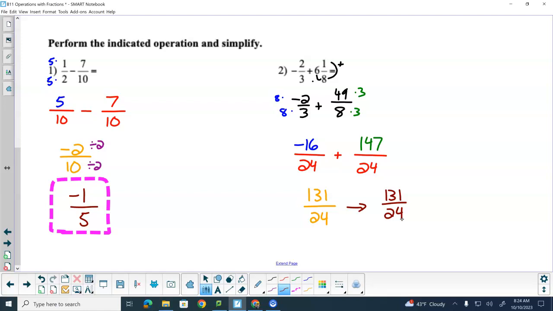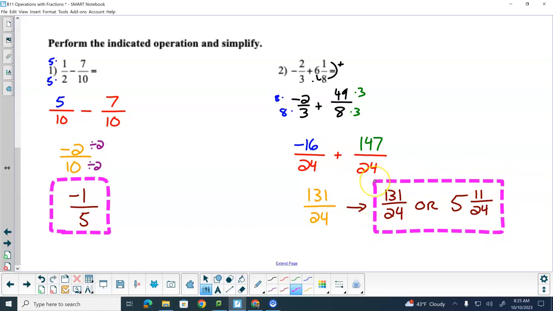If you wanted to, you could write it as 5 and 11/24, because 5 gets me to 120. But again, for big numbers like that, leave them improper. We're just fine. Good to go on that one?